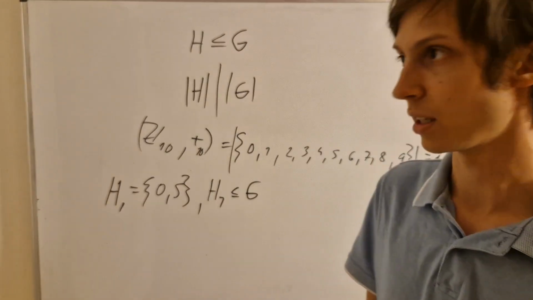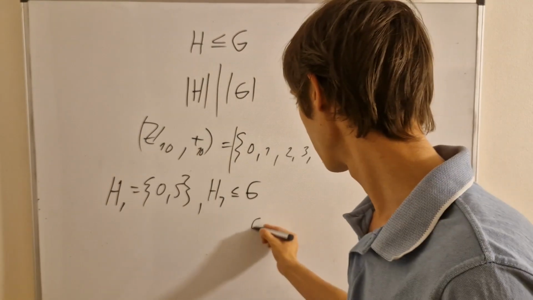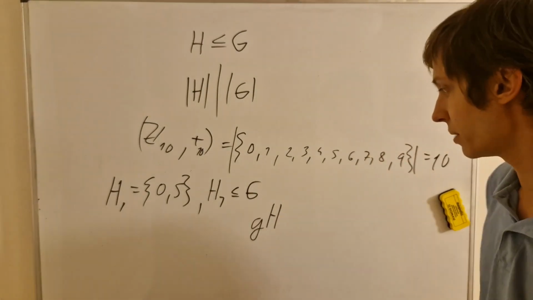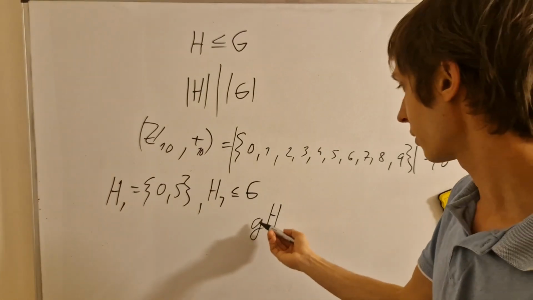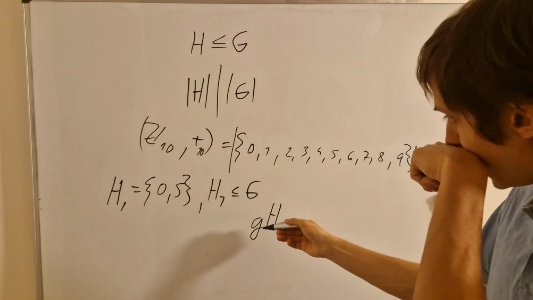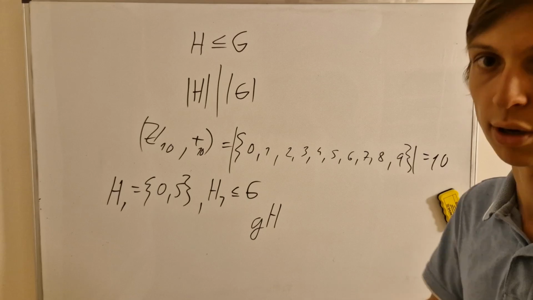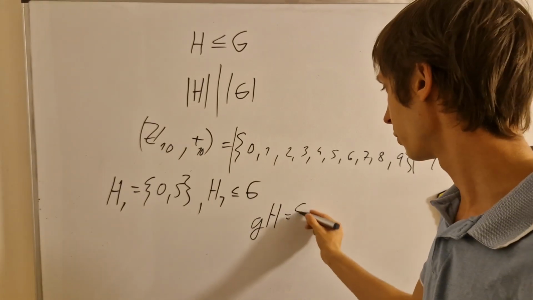Left cosets are denoted as such. What it basically means is we will take one element from the original group G and put it in operation with each element of H gradually. All right, so what will it be?